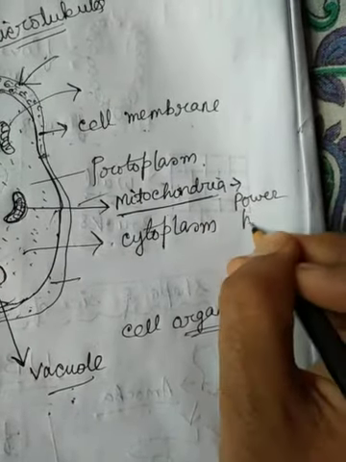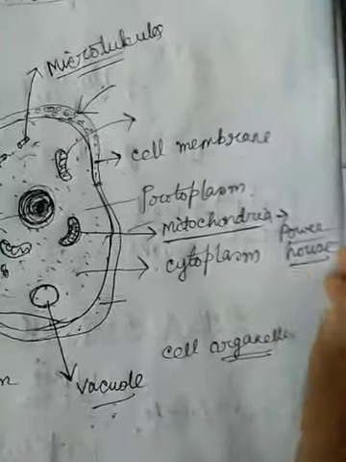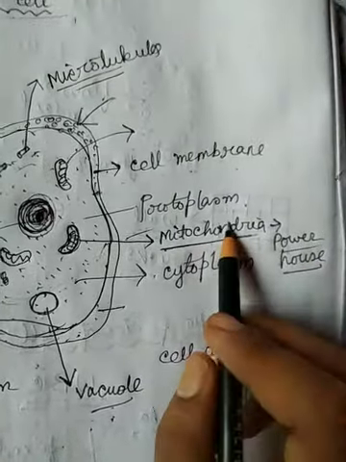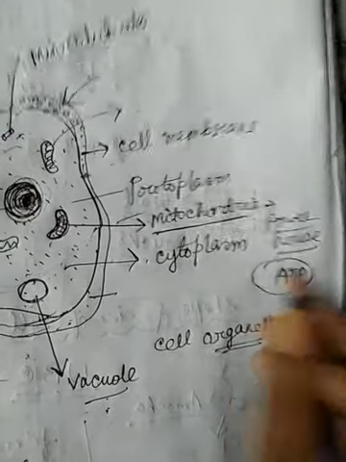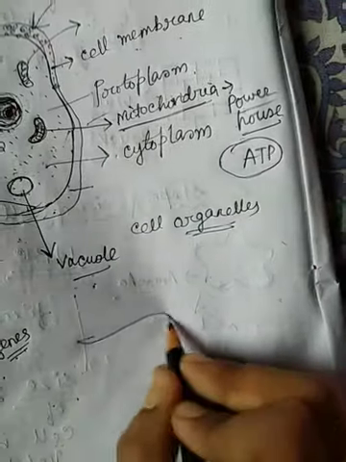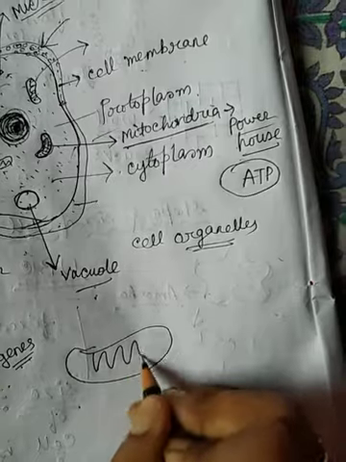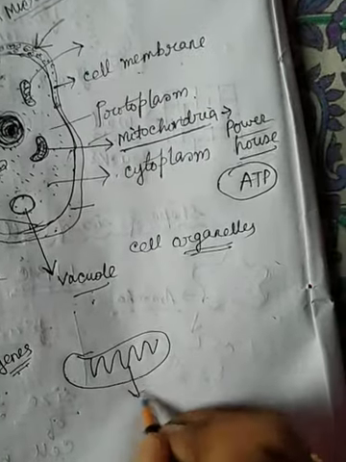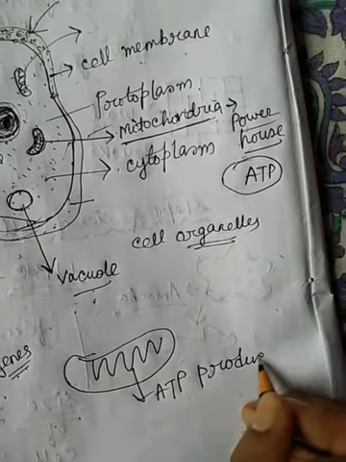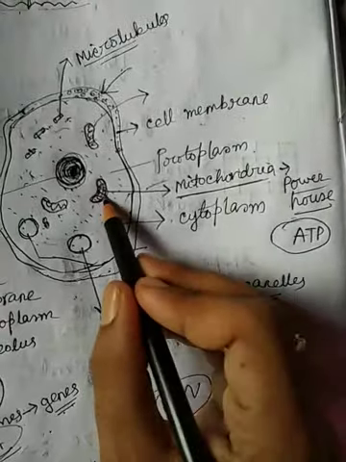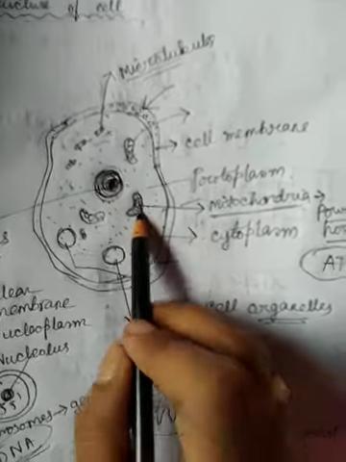Why? Because in the mitochondria cellular respiration takes place and ATP is produced. ATP means energy. So the mitochondria is called the powerhouse of the cell.